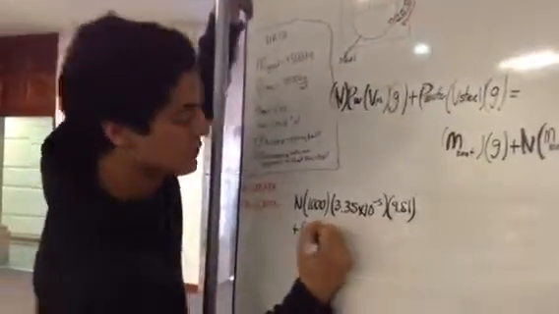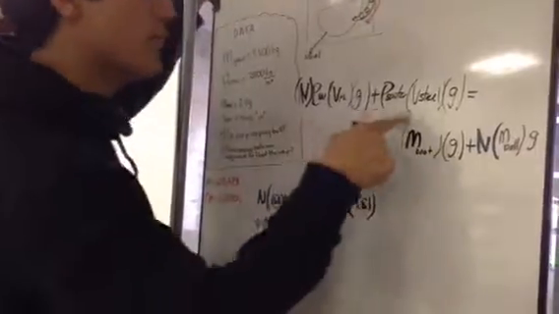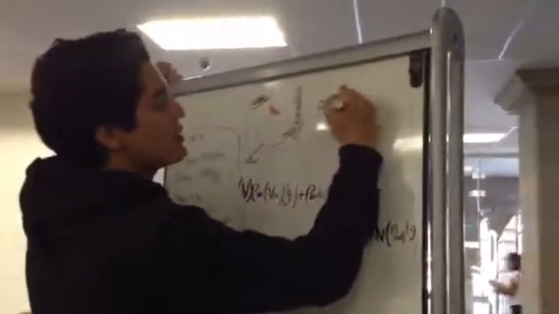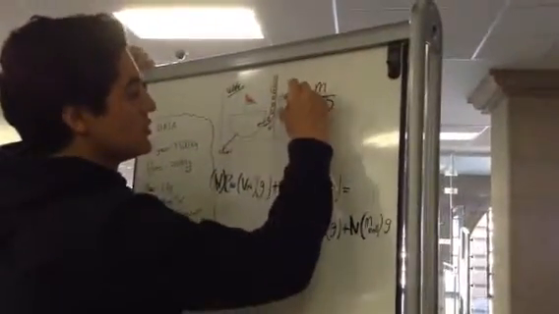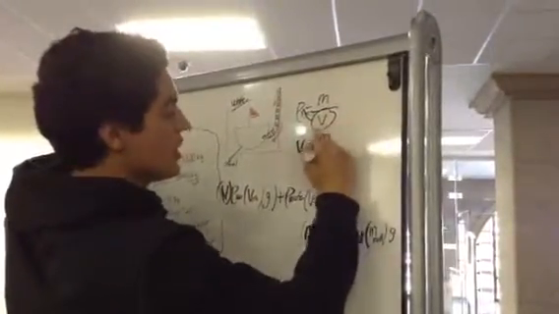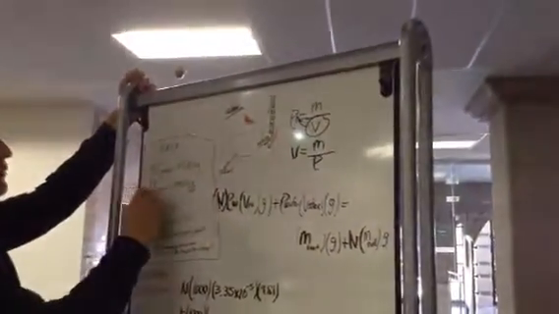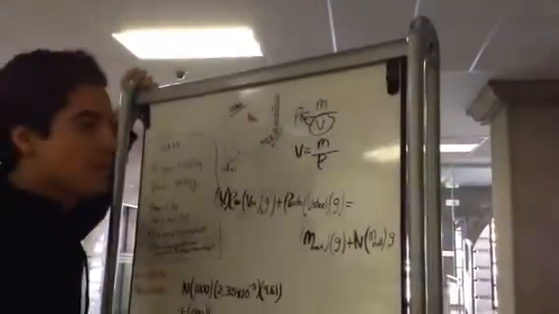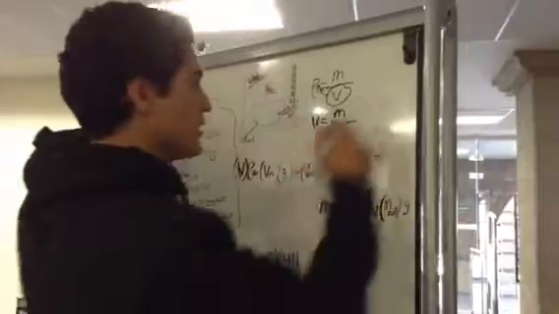1000 times the volume of the ship, that we can determine with the formula of density, that is mass over volume. We can substitute volume here. Volume is equal to mass over density, and we have these two values, the density of the steel and the mass of the yacht, that is 4,500 kilograms.